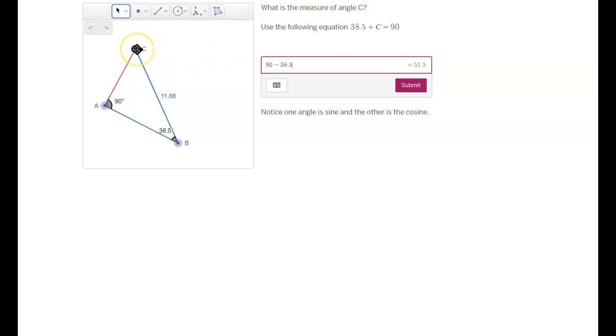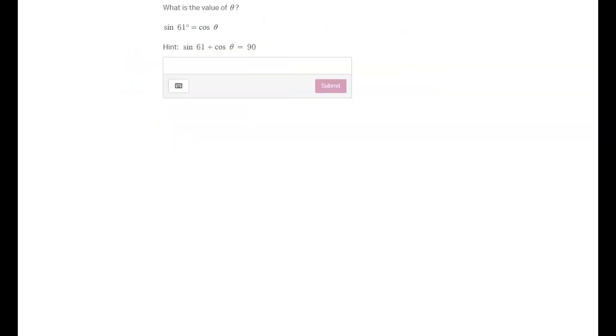And that tells me the angle C is 51.5. So I can always use the equation of my given angle plus my missing angle is equal to 90 if we're talking about the two acute angles, because sine and cosine are always going to be acute.